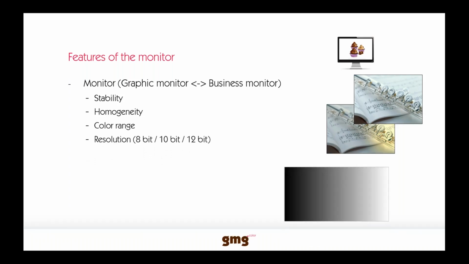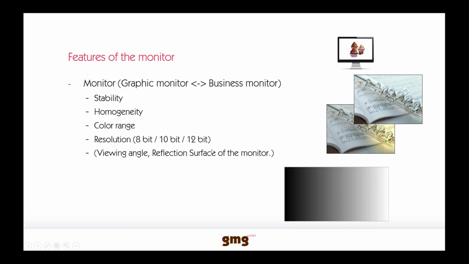And the resolution of your monitor and your hardware in your computer, so how many grayscales, how finely they can be reproduced. Those are all important topics. Also other topics like the viewing angle. You're looking at the monitor, which is maybe not so easy to control.